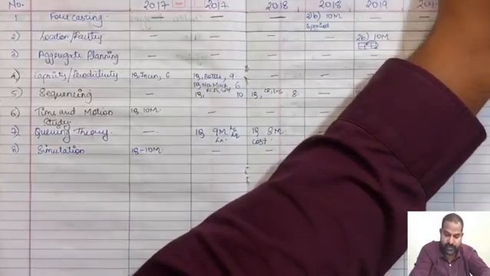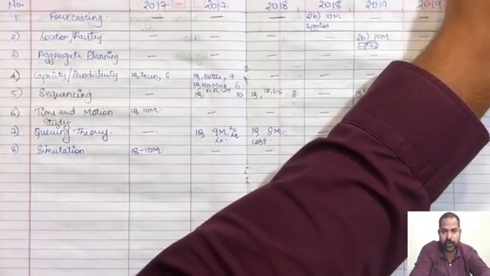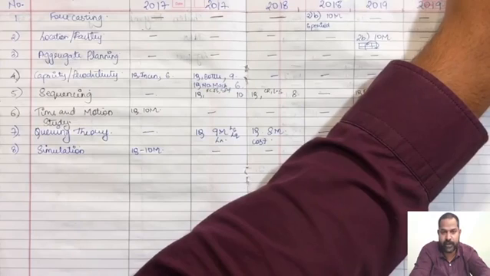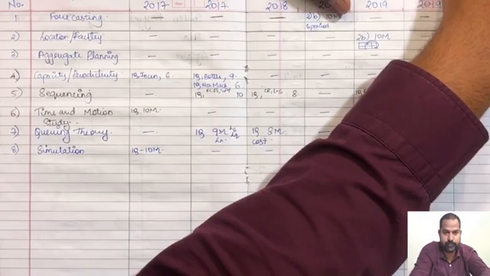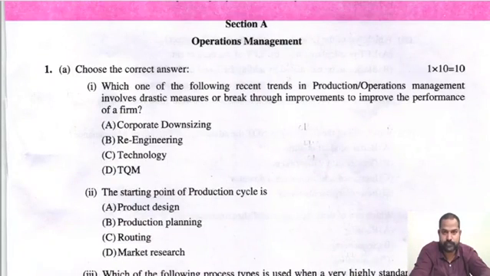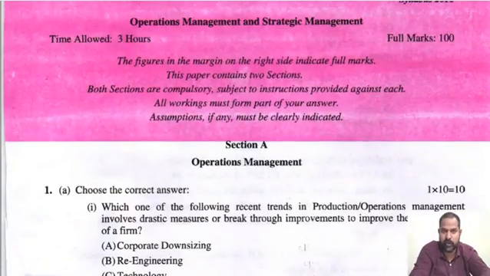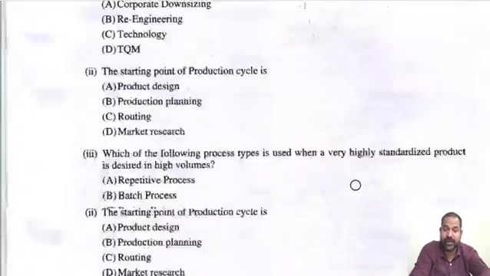Let's look at the December 18 question paper. I'm so sorry about that. So anyway, the last two question papers didn't have the question in it, so that's okay. We come to the December 18 question paper.